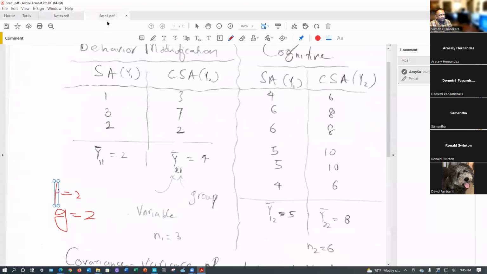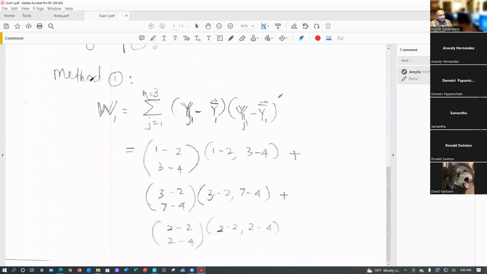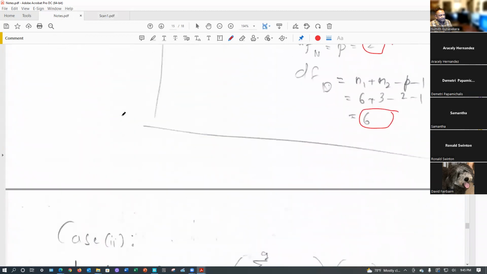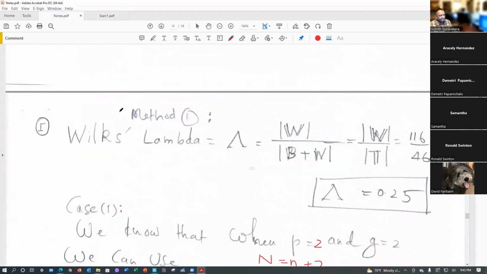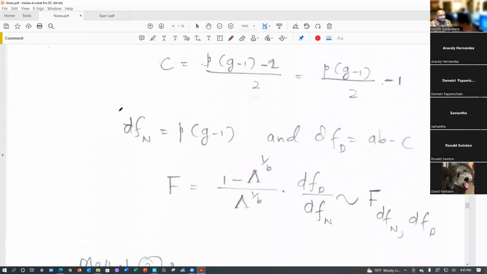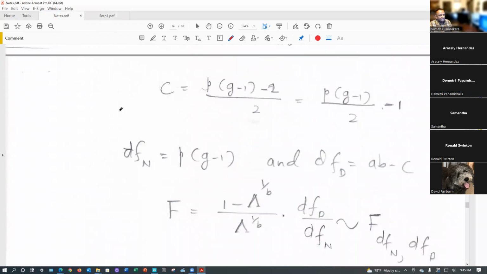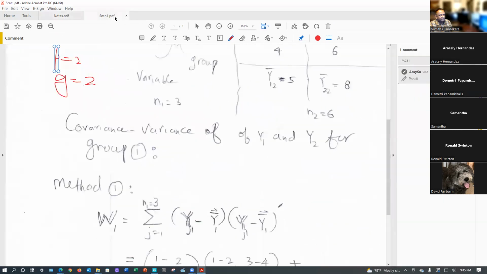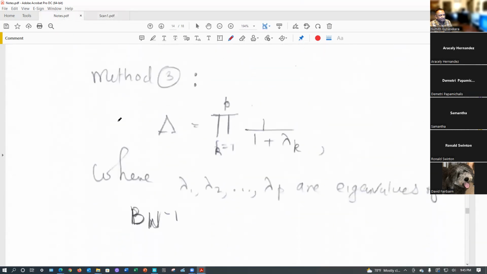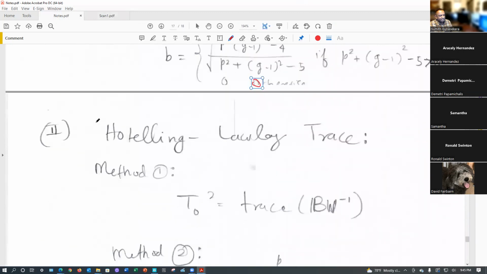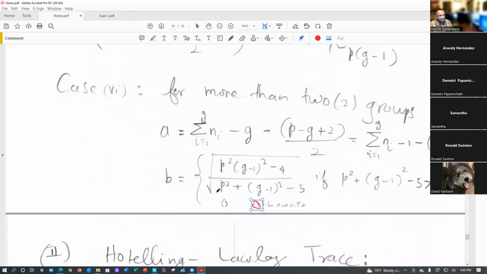Before going to that one, I think there's some kind of mixture in my pages. Because of that, I'm going to go back here. I'm still on Wilks lambda. We're not done with that yet. Before we come to Hotelling's, we're not there.